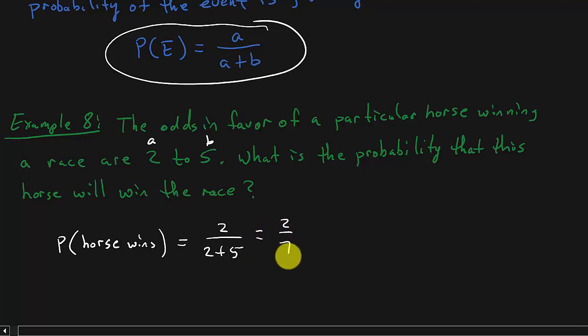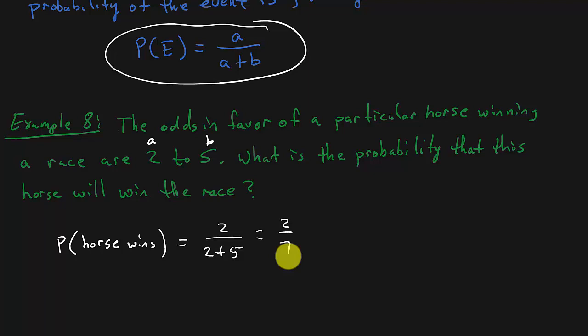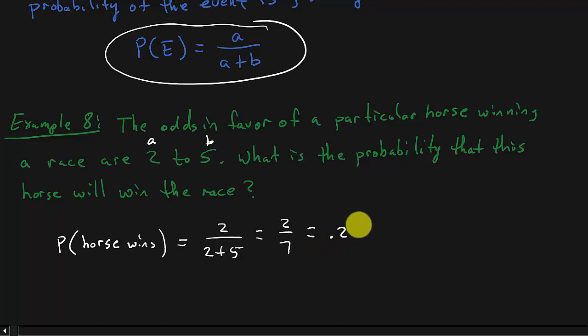So that would be the probability that the horse wins the race, 2 sevenths. And if you want to get a percentage, you just do 2 divided by 7, which is actually equal to 0.286, which is a 28.6% chance that they win the race.